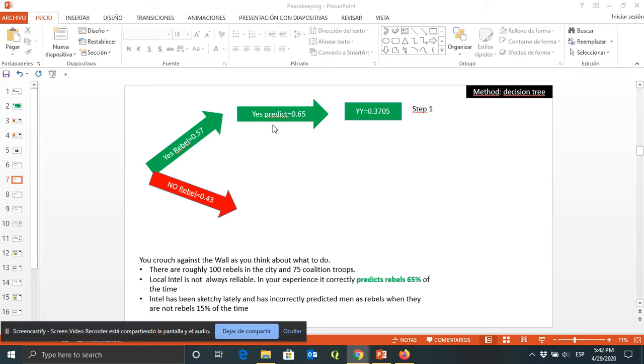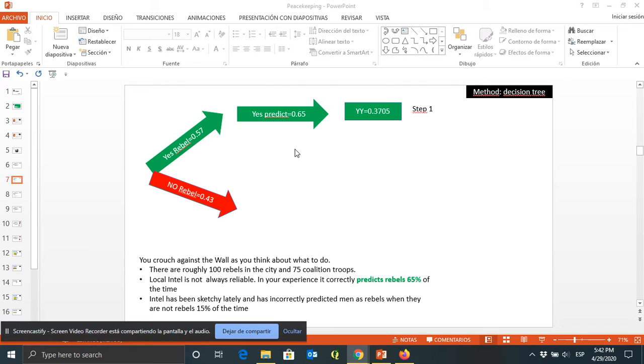And to fill out the second arrow, we go based on the information written in the second sentence that says local intel is not always reliable. In your experience, it correctly predicts rebels 65% of the time. So yes predict equals 0.65.